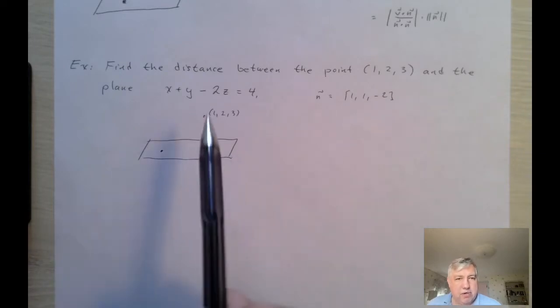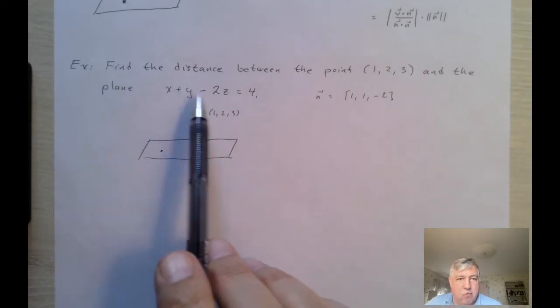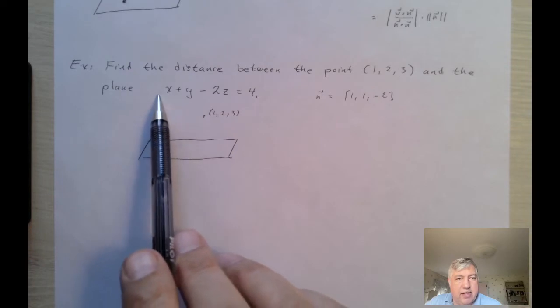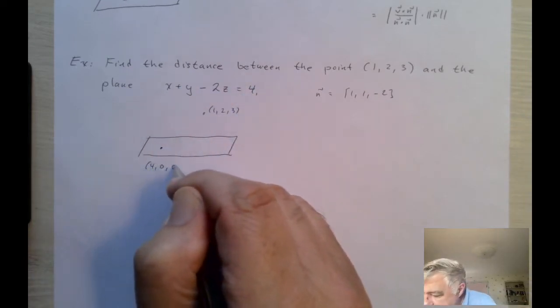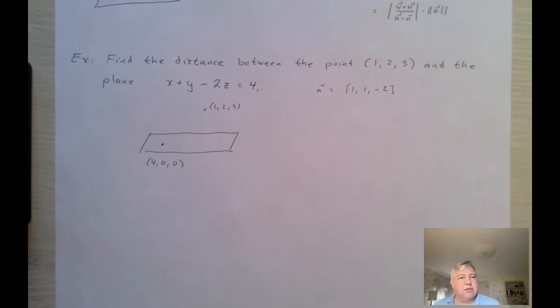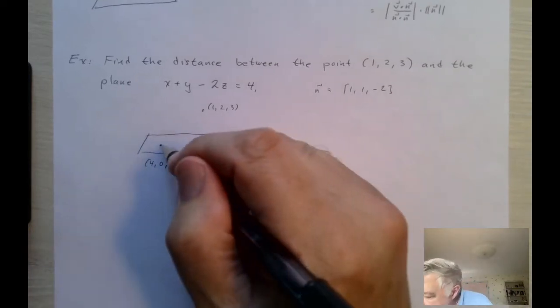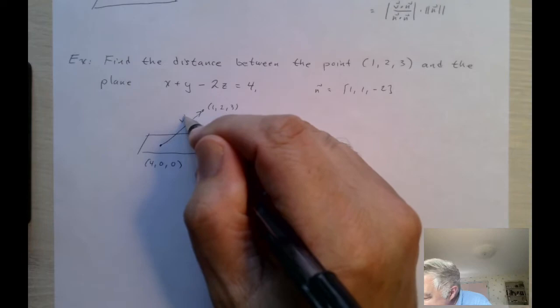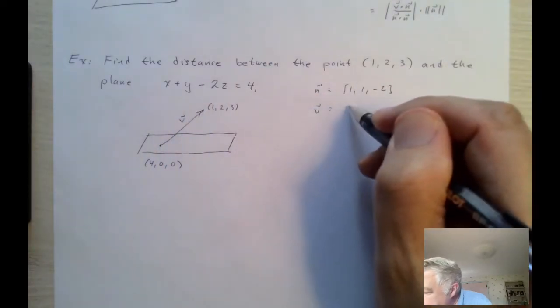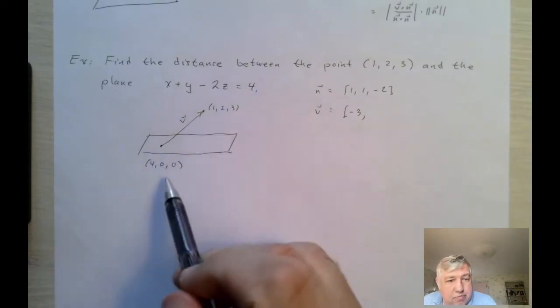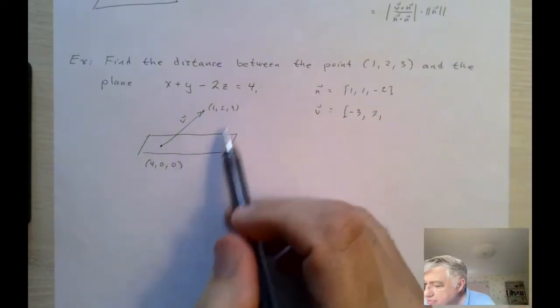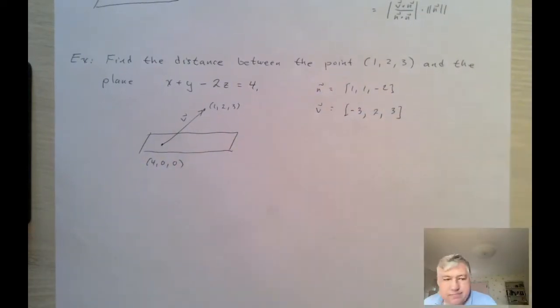If I plug in 0 for y and z, then I get x has to be 4. So the point 4, 0, 0 is in this plane, right? And then we can find the vector v, which will be 1 minus 4, that's negative 3, 2 minus 0 is 2, and 3 minus 0 is 3.